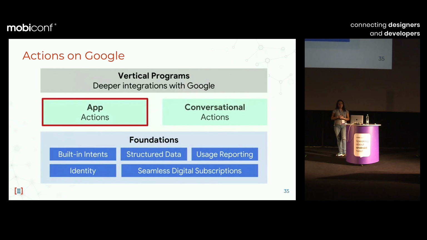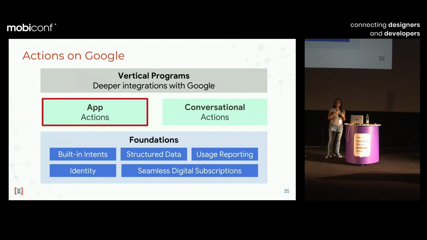So yeah, everything looks great, app actions are great. And the thing is that app actions are actually part of a larger framework called Actions on Google. Up until Google I/O of this year, Actions on Google was actually the developer platform for people who wanted to build applications for the Google Assistant.